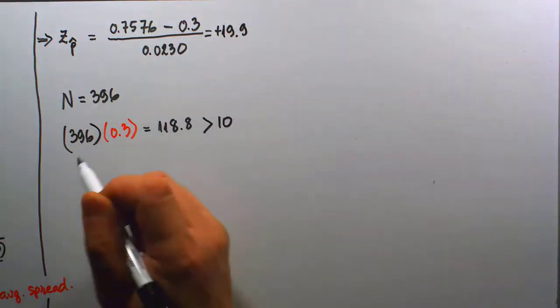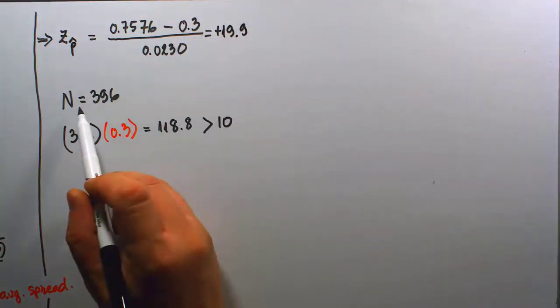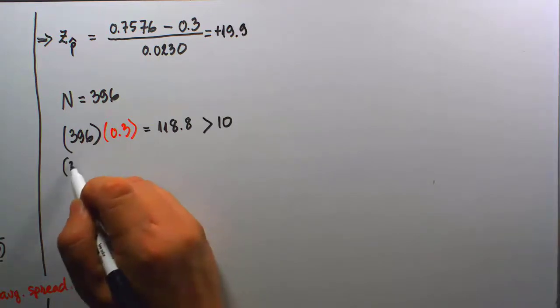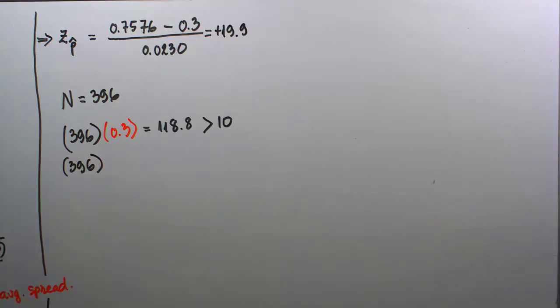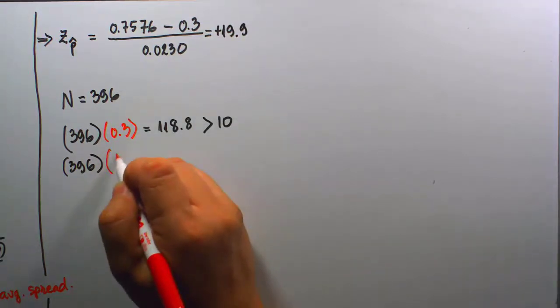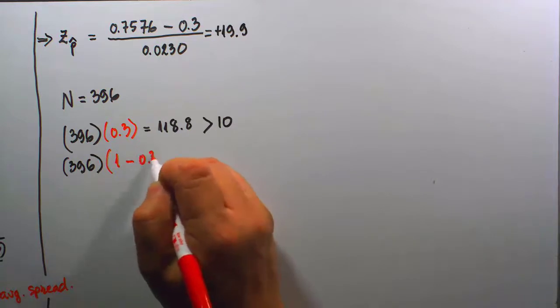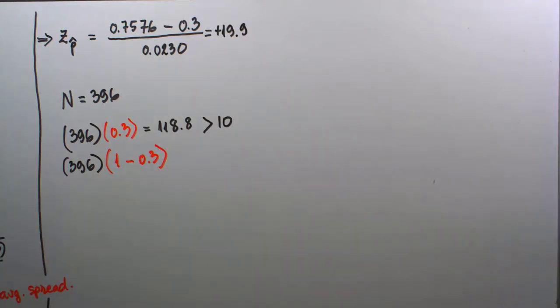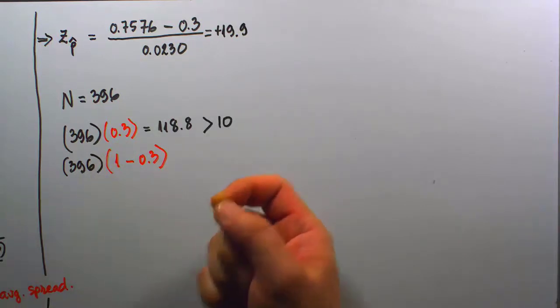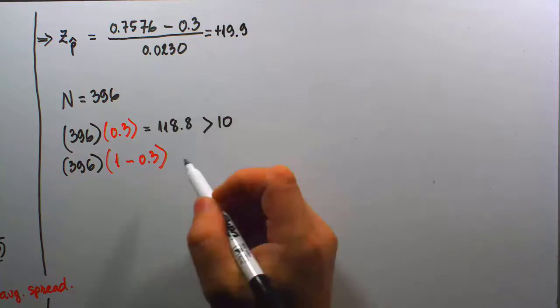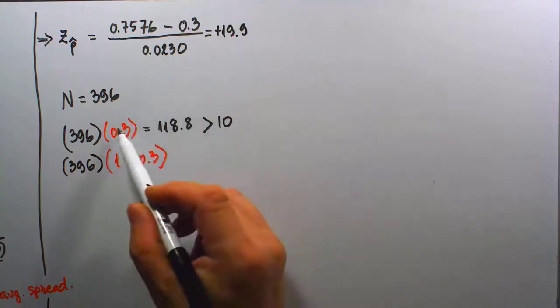Then again, with the sample size that we're currently using, multiplying 396 with 1 minus 0.3. And again, this value 0.3 came straight out from the value being claimed in our null hypothesis. And currently we are relying on this.